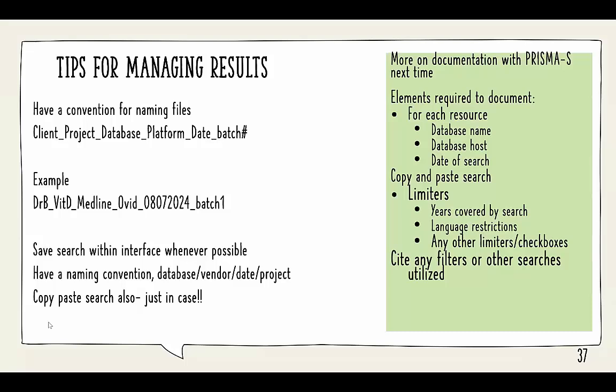And then we also save the search within the interface we're in. And we have a shared account because we have an email that's just for our service. And that's how we signed up for a shared account within Ovid or EBSCO. And this way we can also use a very similar convention for naming searches.